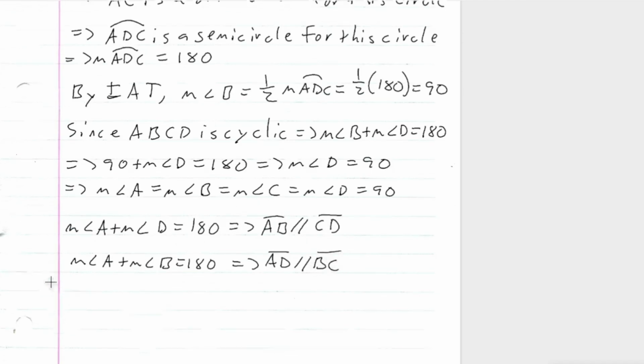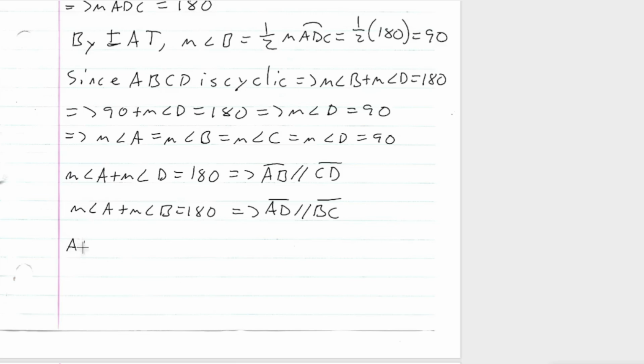So I have AB is parallel to CD, and AD is parallel to BC, which implies that ABCD is a parallelogram.